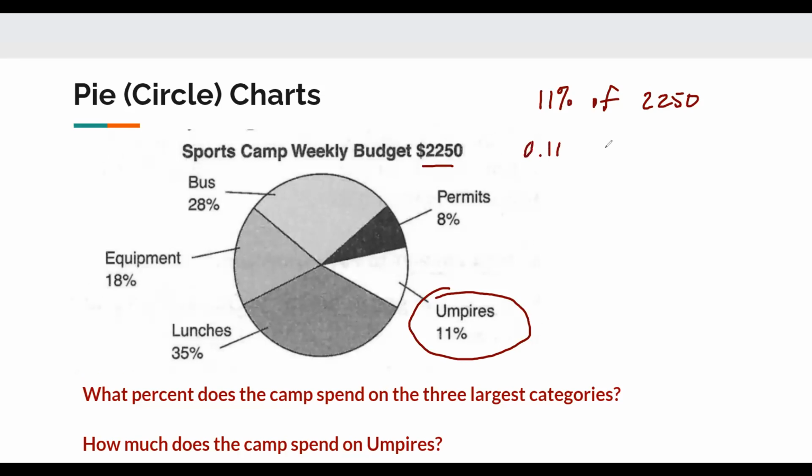That'd be 0.11. We convert of to multiplication, and this stays the same. We multiply that out, and you get 247.5. But remember that we're dealing with money, and we should always have 2 values after the decimal, so we add the 0 there. $247.50.